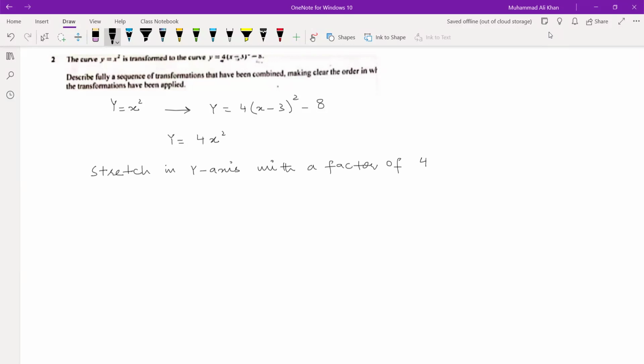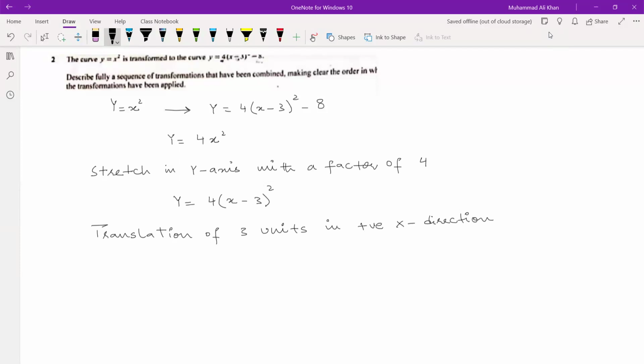Now see, y equals to 4, in x I am subtracting 3. So I'm subtracting 3 from x. So it means it is a translation of 3 units in positive x direction.